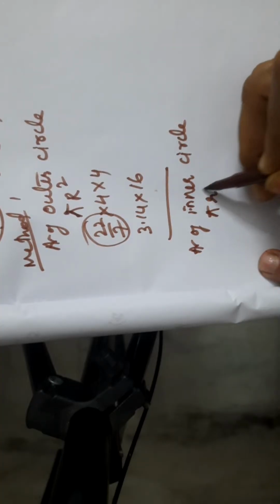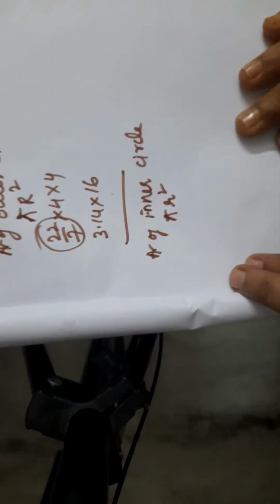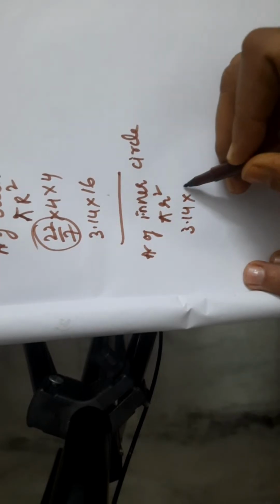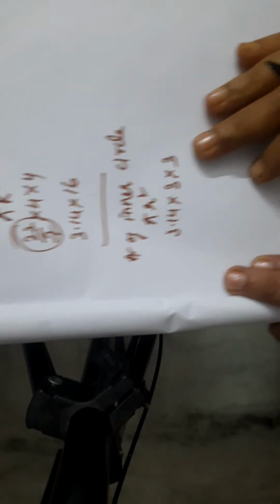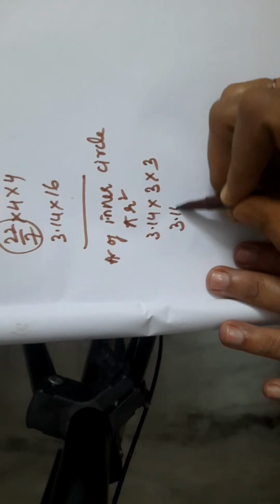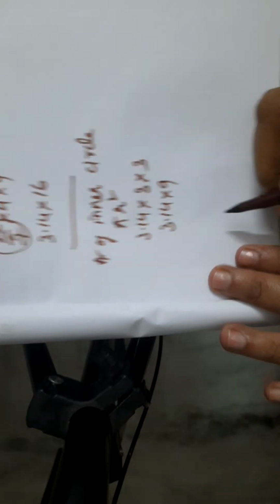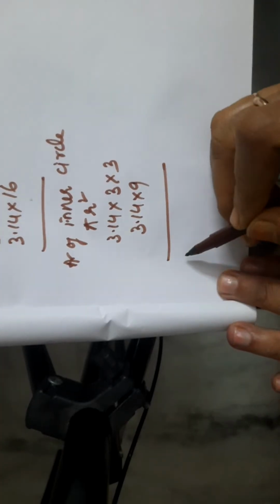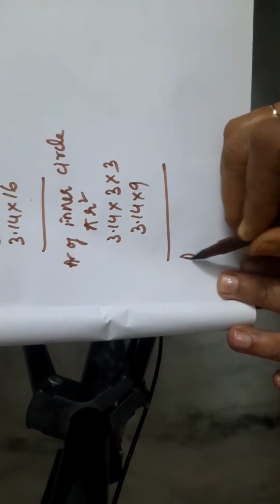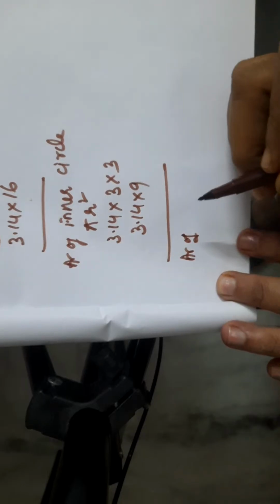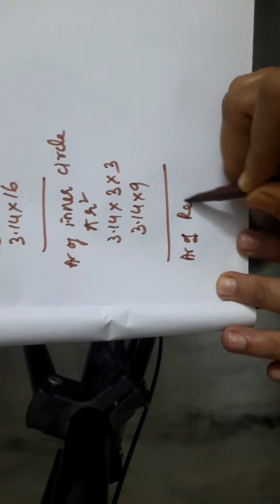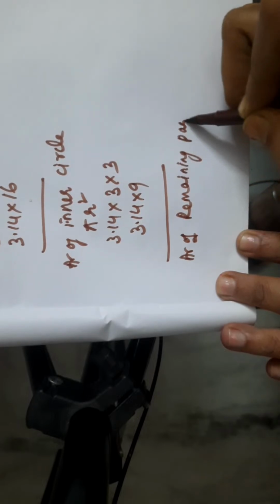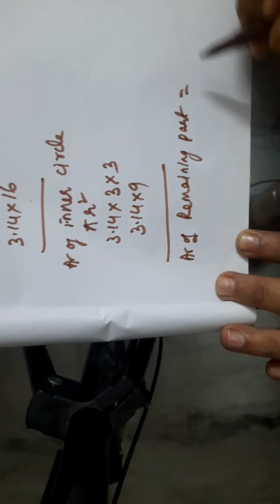Now the second case, area of inner circle, pi small r square, as the inner circle is small r. Pi is 3.14, radius is 3. So finally it is 3.14 multiplied by 9. So we'll get some answer. Now the final statement, area of the remaining part. As we are removing the inner circle, subtract both the answers.